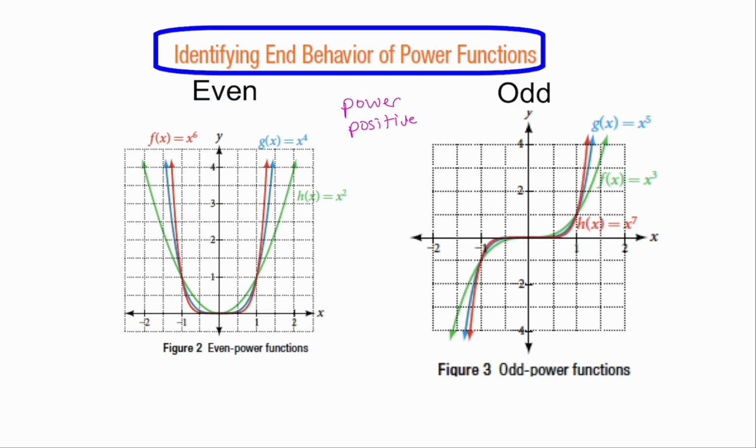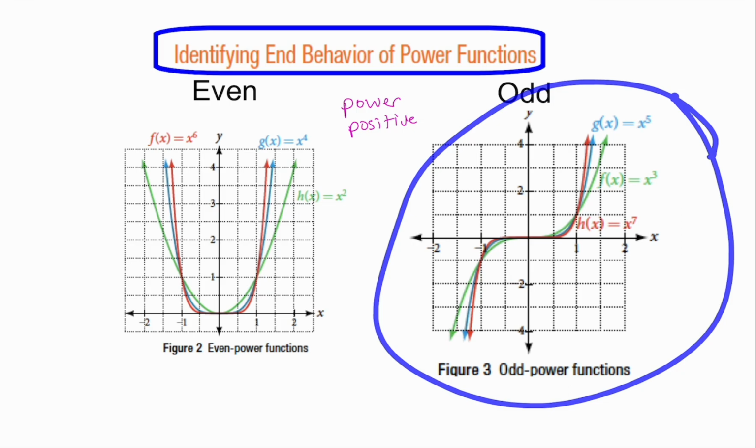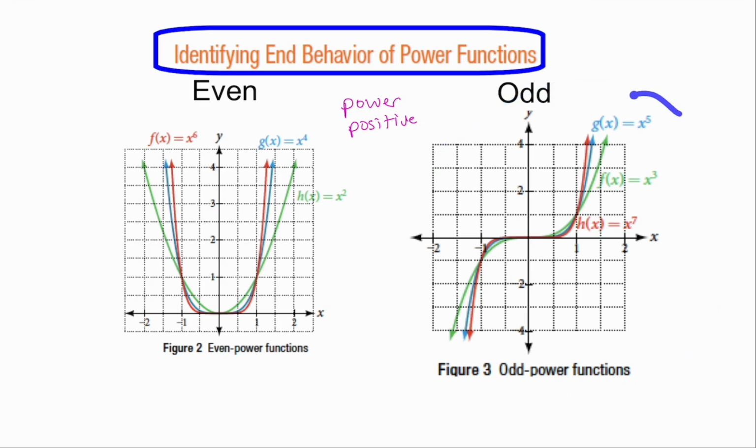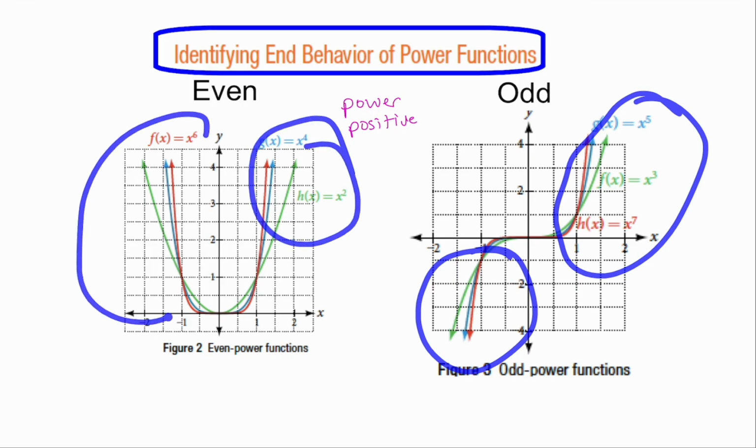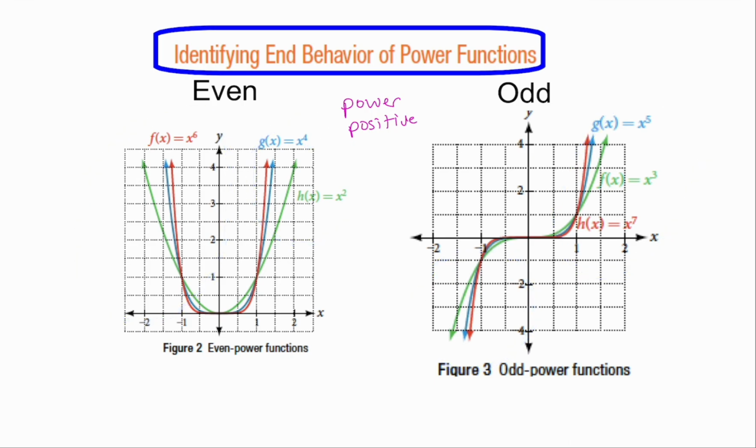If it's a positive odd, one end will go up and one end will go down, and it will mimic an x cubed. This one will mimic an x squared. So for the end behavior, just look at your x squared if it's a positive even. Just look at an x cubed if it is a positive odd.